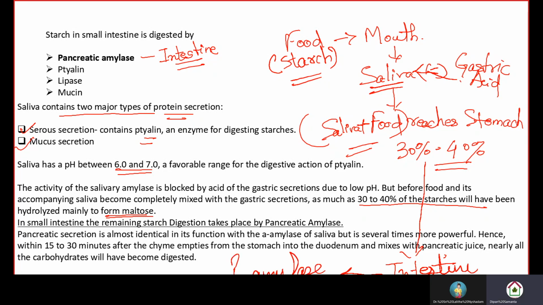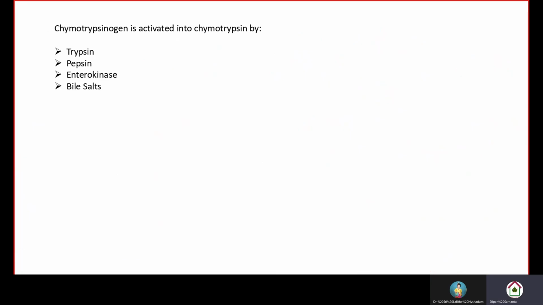Remember, starch takes a little time to digest. Saliva starts digestion of the starch, but up to the stomach it can digest about 30 to 40%, and the rest of the starch is digested in the small intestine by pancreatic amylase.